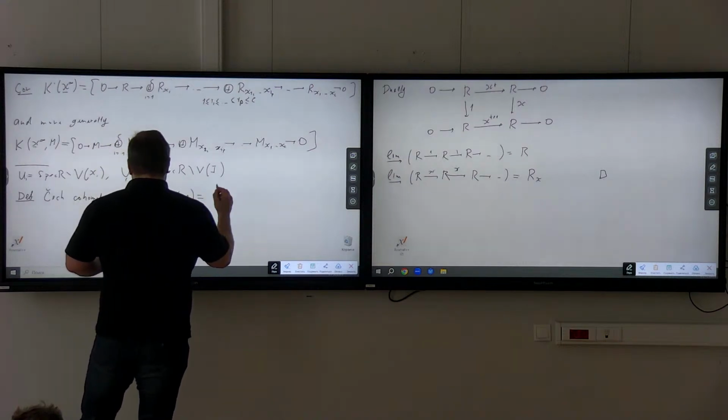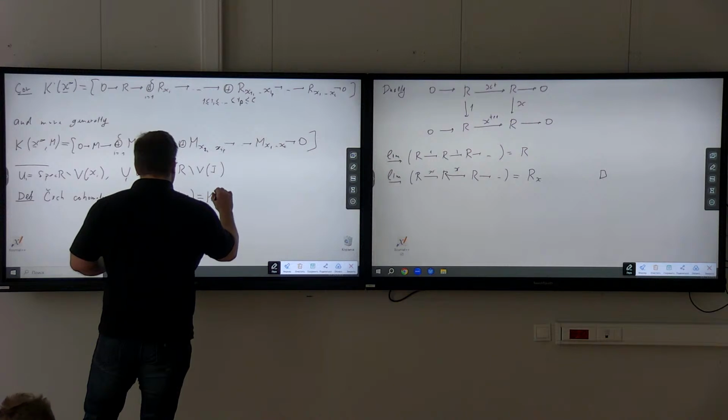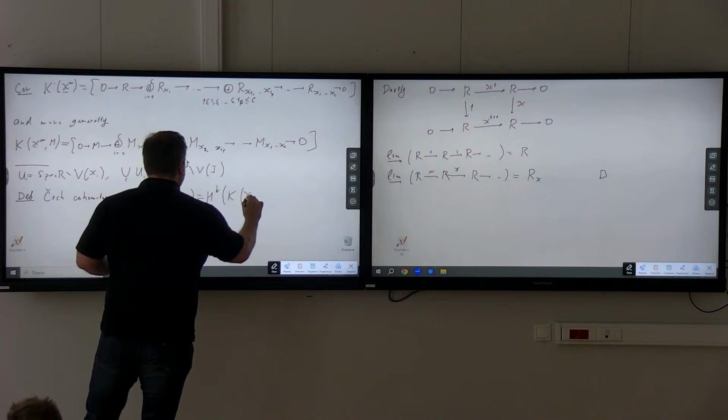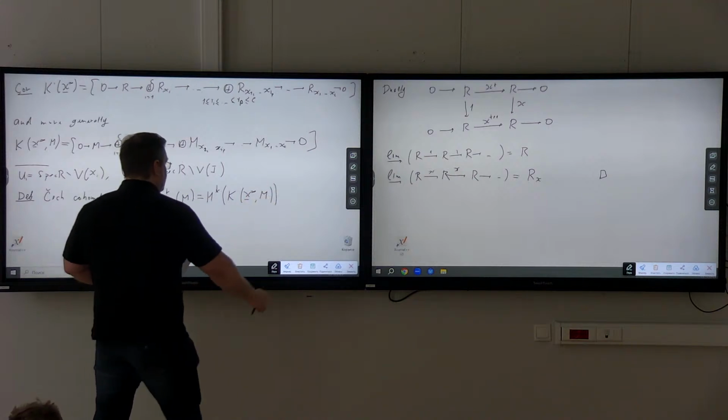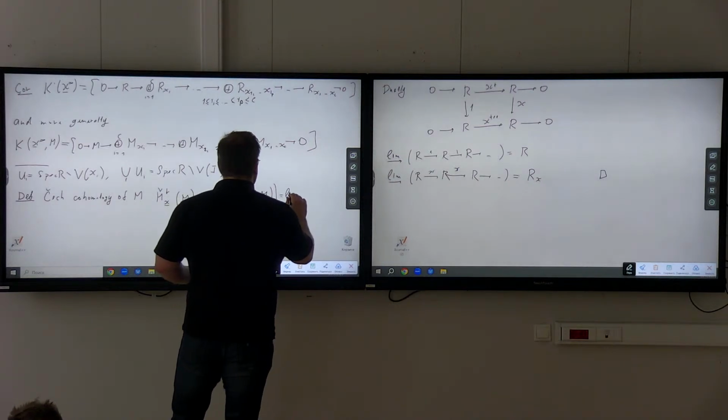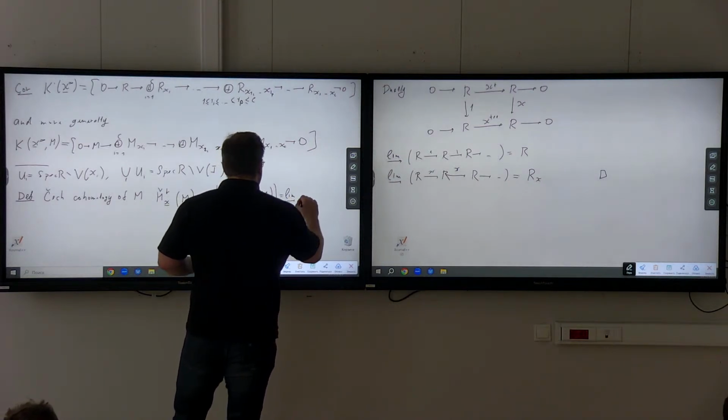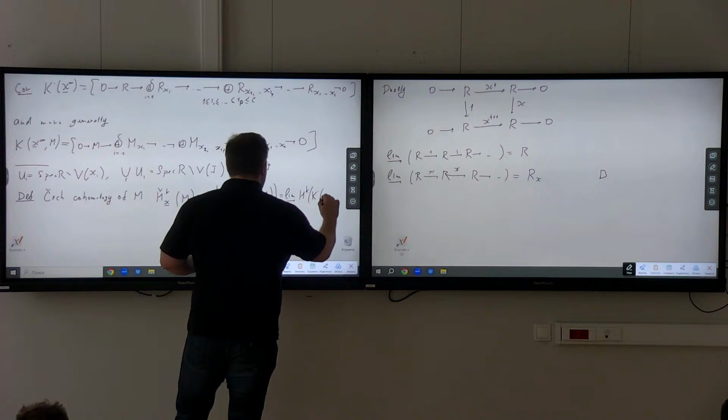And by definition, this is just the homology of the corresponding stabilized Koszul complex. And using the exactness of the direct limit, I can as well write this as a direct limit of the homology of the usual Koszul complex for the x to the t.